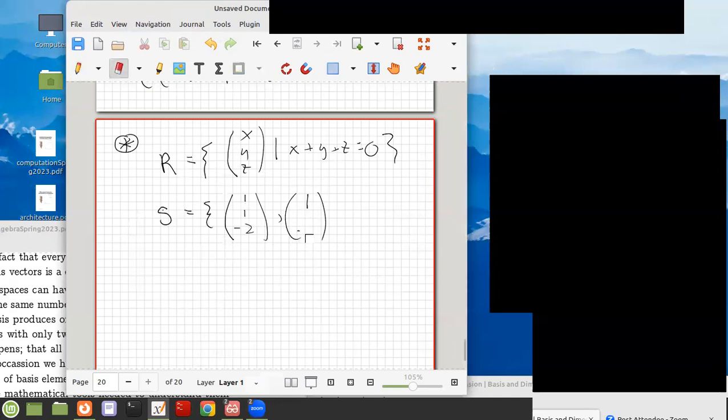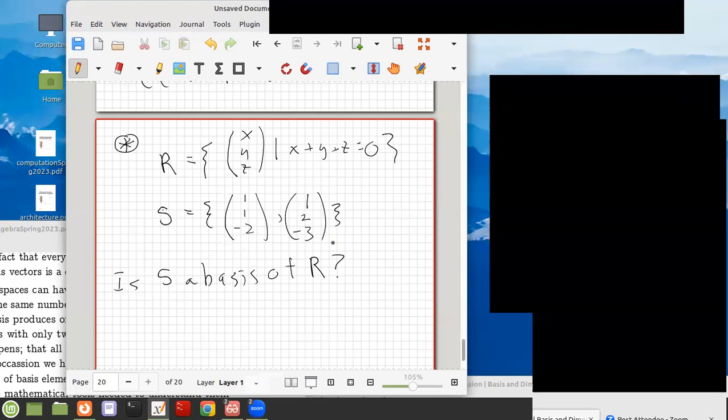Let me see, how about this one? 1, 1, minus 2 and 1, 2, minus 3. Okay, these vectors are in this set because they have to add up to 0. So this is 1 plus 1 is 2, 2 minus 2. So S is a subset of R, but is it a basis? Is S a basis of R? You might have an intuitive idea, right?